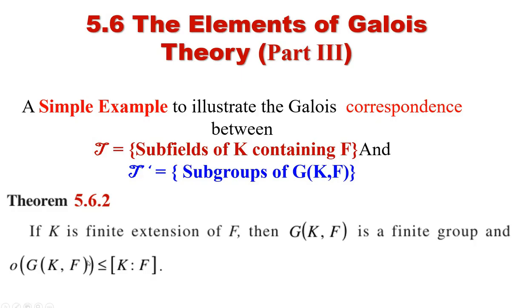So here you must know the general relationship: the number of elements in G(K/F) is less than or equal to the degree of K over F. So when can the equality be true, that is, order of G(K/F) equals degree of K over F? When can it happen? All that we will see in later videos.